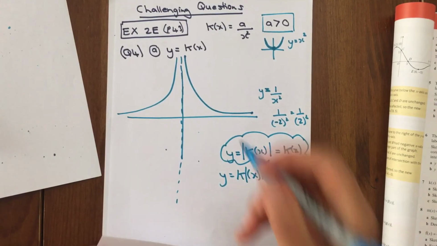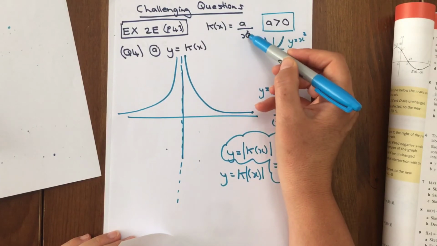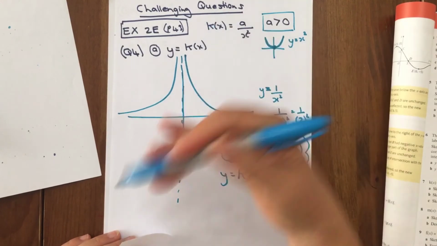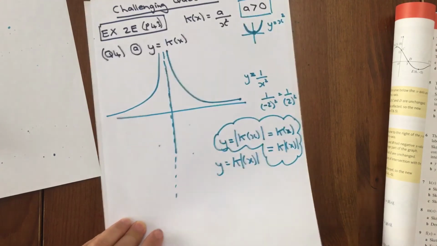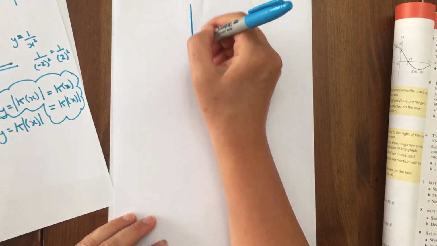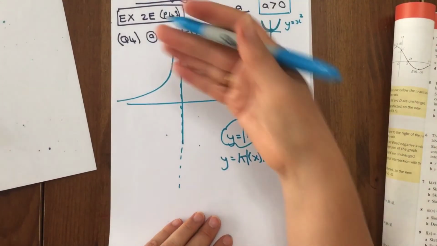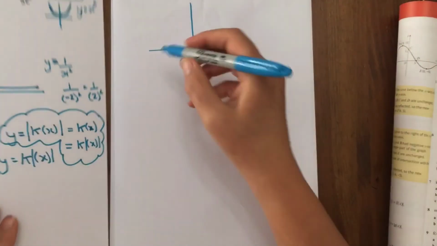Well, if a was negative, x squared is always positive. All of my values that were positive are now going to become negative. So have a think to yourself what the graph's going to look like. Okay, so the graph is going to look like this. It's going to be a reflection of this graph about the x-axis.